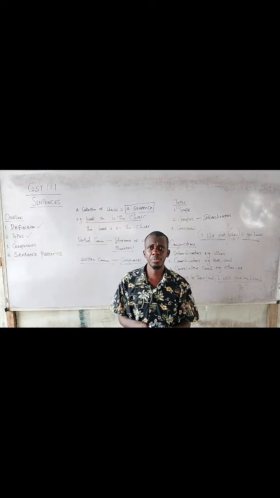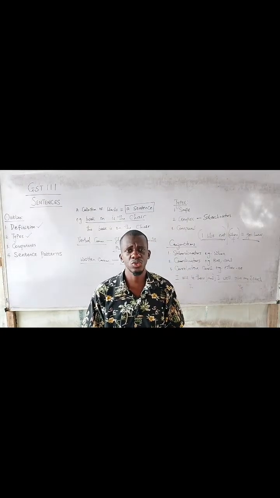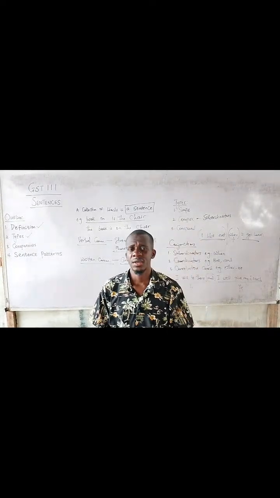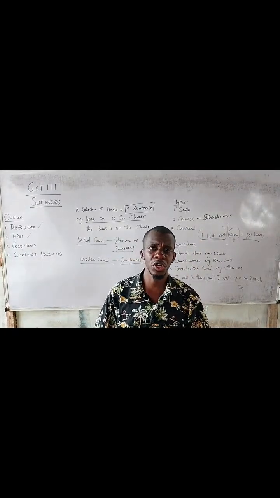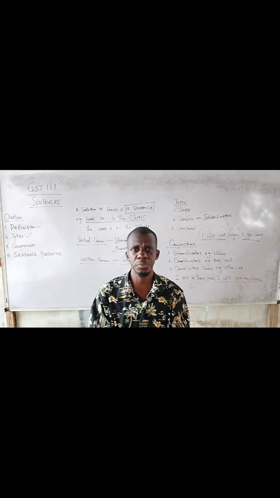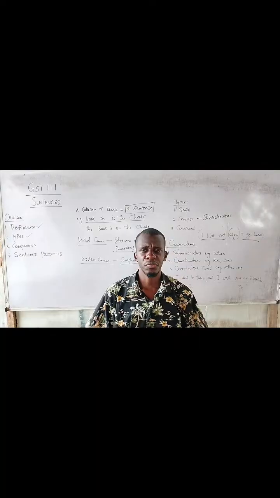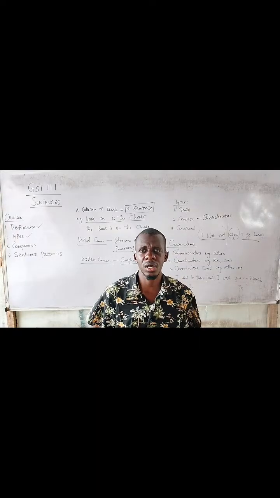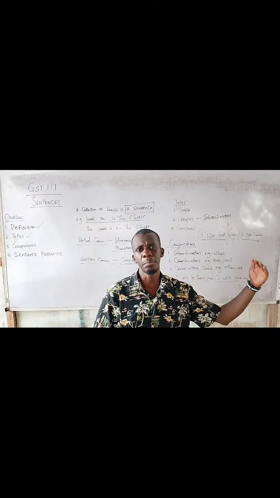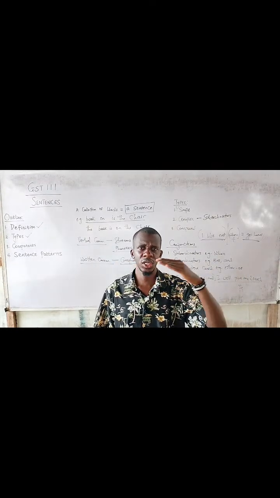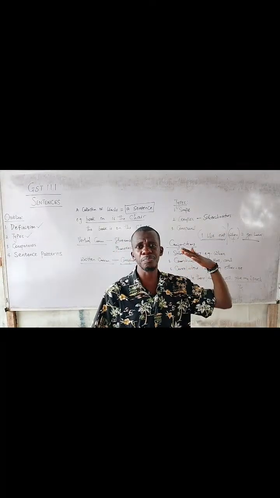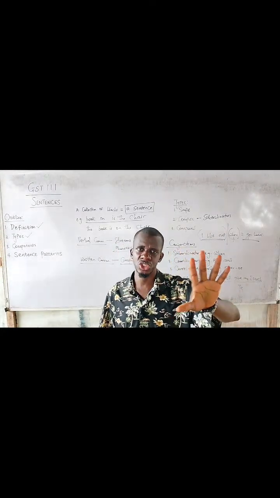Right? Now, the predicate, which I also call the verb, is considered the grammatical motor of a sentence, because if a verb is not present in a sentence, such a sentence will not make sense. So verbs are like grammatical or syntactic vehicles that help to move us from one point to another in a sentence, and then they provide a message.